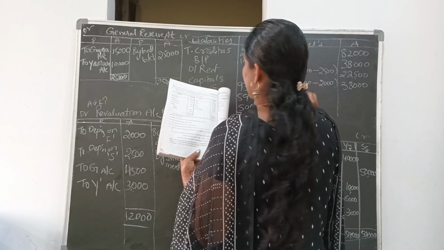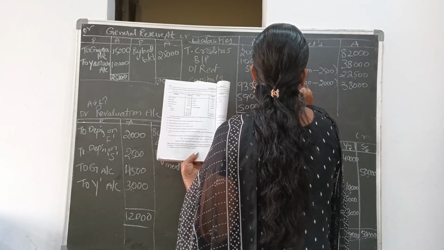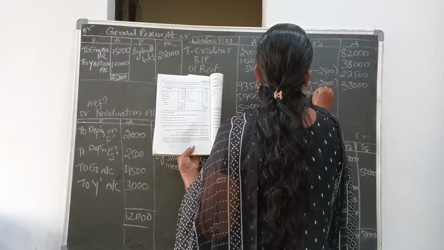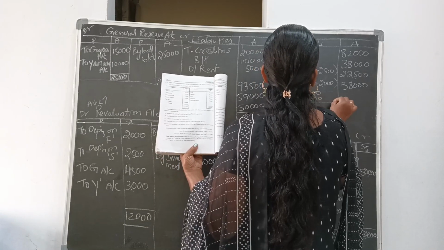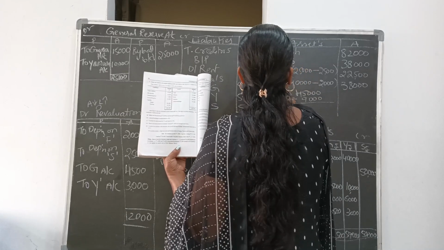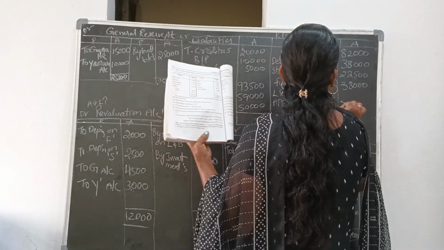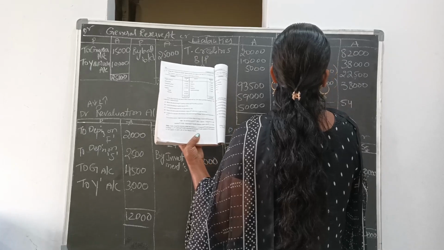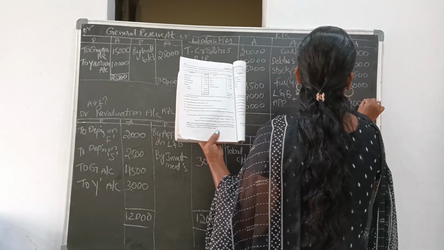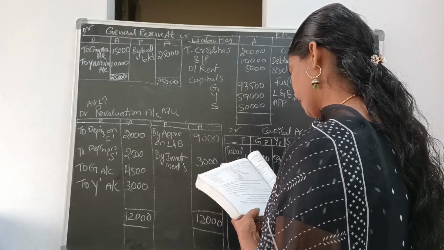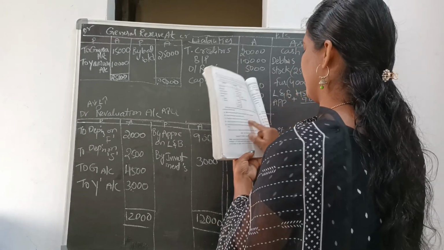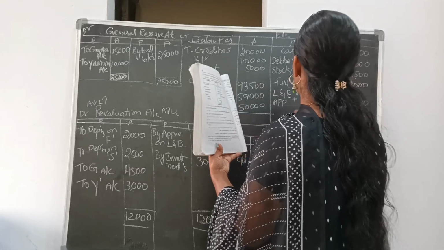Next, coming to land and building. Land and building is appreciated. 45,000 plus 9,000 is the appreciation amount. So 54,000 is the land and building value. Now in adjustments, investments are there.